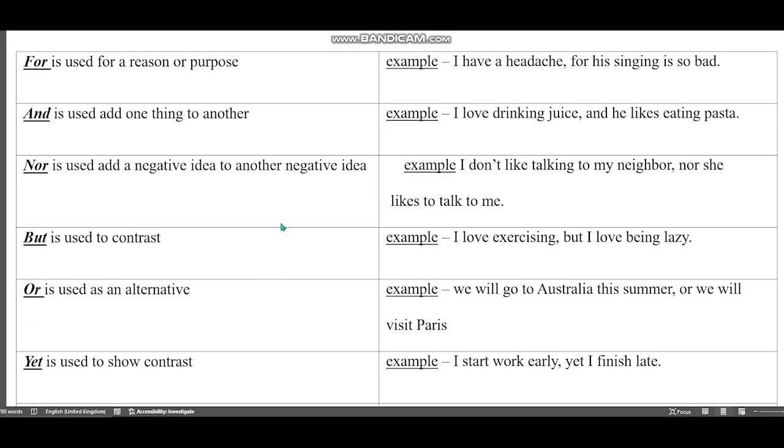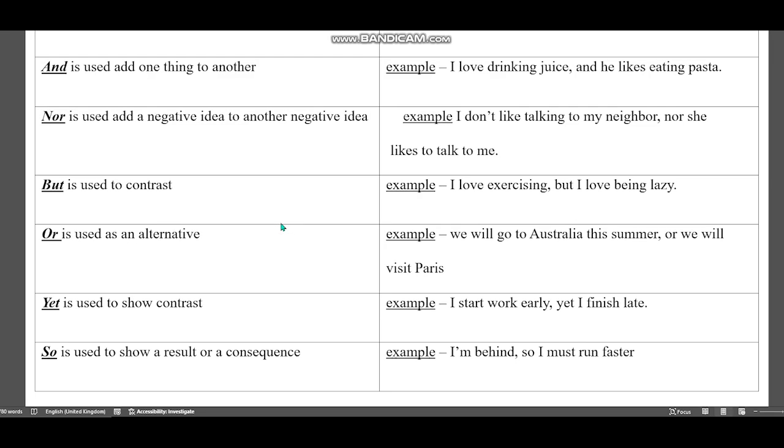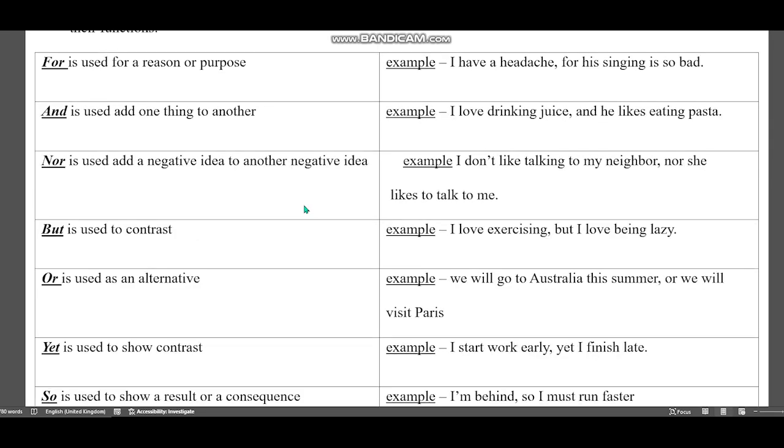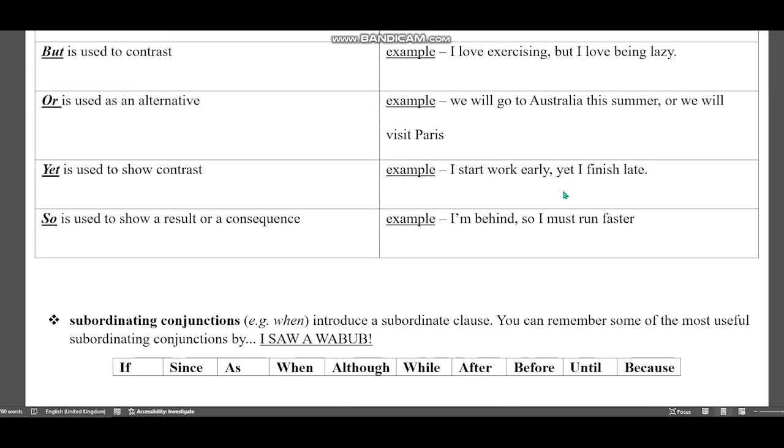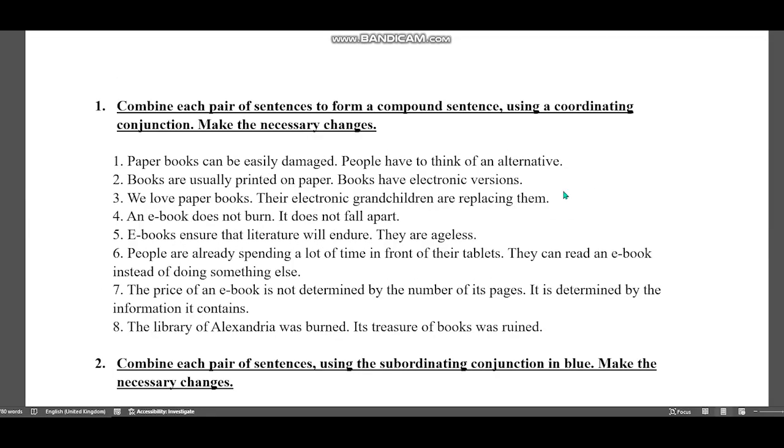So I need you to pause the video and take a picture of the coordinating conjunctions. Now, I want you to, again, pause the video, solve this exercise, and let's move to exercise 2. You will find the answers at the end of this video.